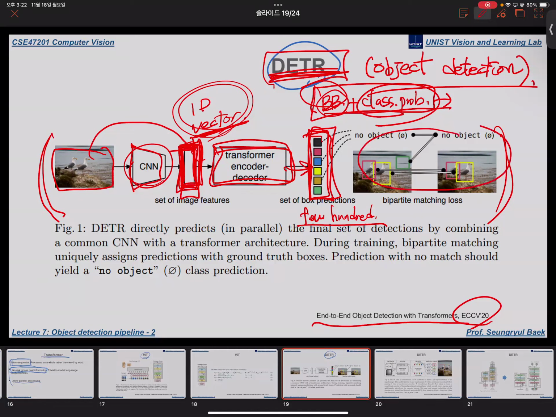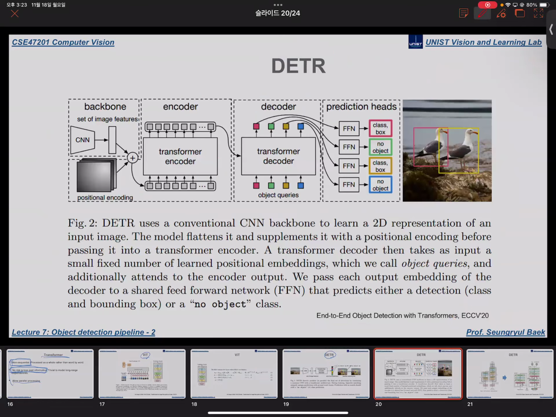And how they apply the loss function is explained here. So this is the DETR architecture, but the difference is that we additionally use the decoder architecture compared to the image classification transformer architecture. And this is a more complicated figure for DETR.